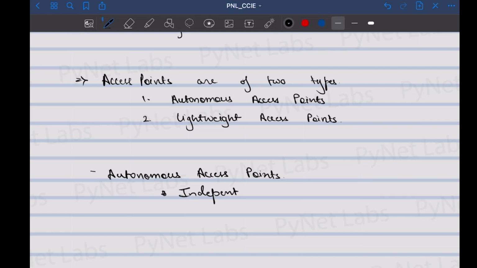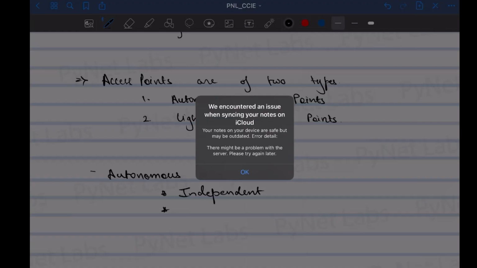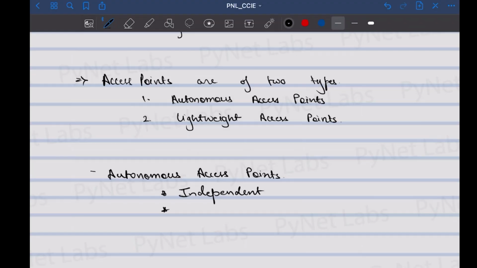They can't be managed centrally, right? So along with being independent, they are also individually managed.